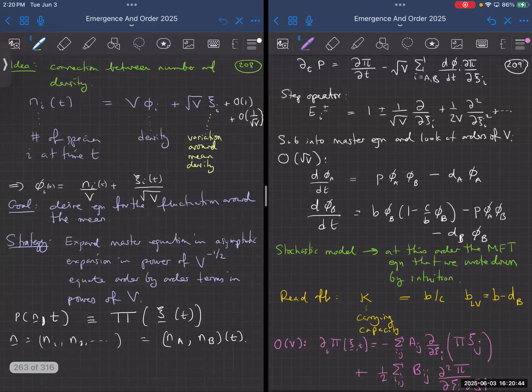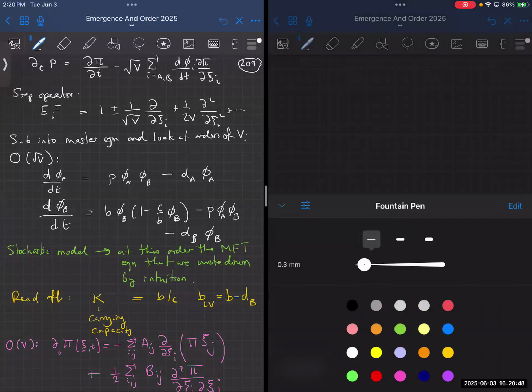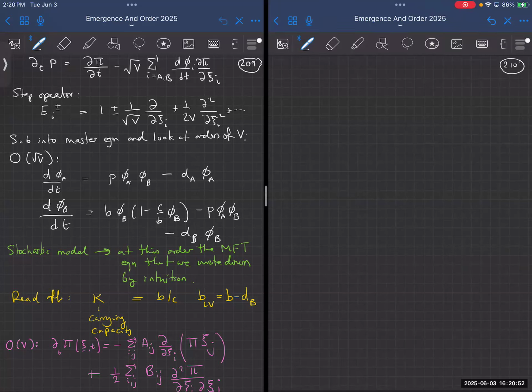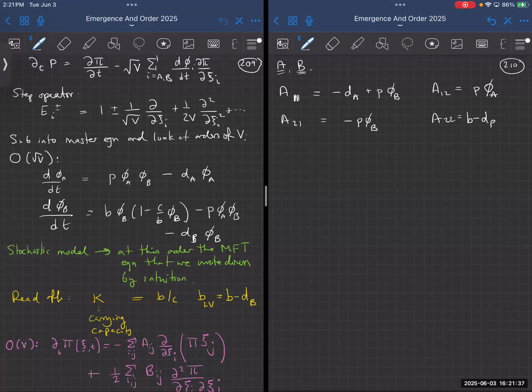Let me now tell you what the matrices are that come in here. I've got two matrices, A and B, and the matrix elements look like this. And again, this is complicated to derive. It's not impossible, it's just work. So A11 is minus dA plus pφB, A12 is equal to pφA, A21 is equal to minus pφB, and A22 is equal to b minus dB minus pφA minus cφB squared.